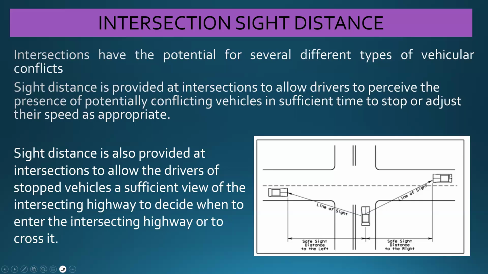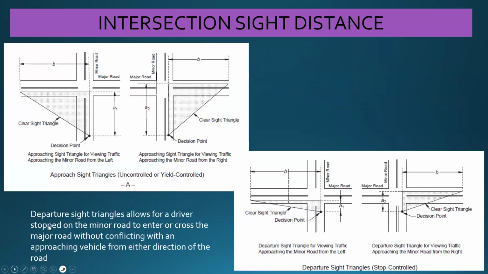Okay, clear line of sight and a safe sight distance to the right. Departure sight triangles allow a driver stopped on the minor road to enter the major road without conflicting with an approaching vehicle from either direction of the road.